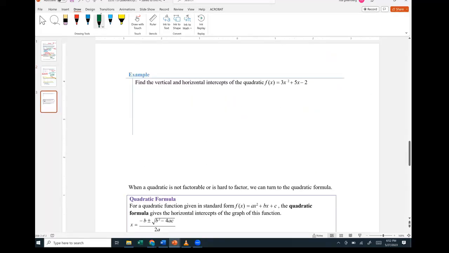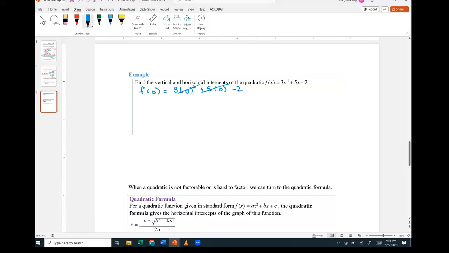So if I want to find the vertical and horizontal intercepts for this quadratic equation, let's do vertical first, because just like I said, vertical is always easy. So I would say f of 0 is equal to 3 times 0 squared plus 5 times 0 minus 2. This is 0, this is 0.